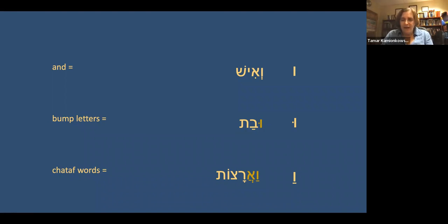And then the final example has to do with words that begin with a guttural letter, and those often need a little bit of an adjustment to the vowel sounds with the vav to make it a little easier to pronounce the word. Again, if you're interested in these kinds of things, I can direct you to different places where I go into a lot more detail. I can talk about prepositions for an hour. Okay.